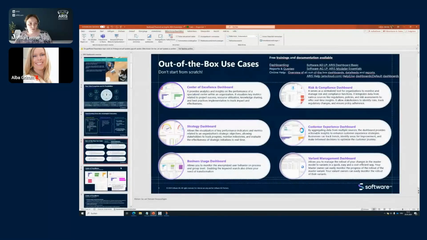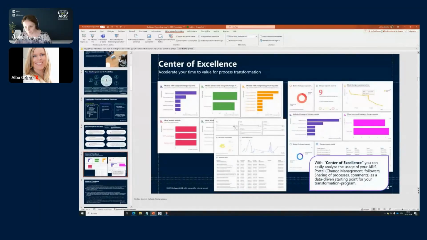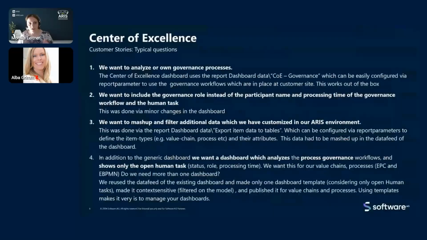And when I'm talking to customers, I get a lot of very common questions, which I want to share with you, and which are the typical answers. So the first one is, okay, is this only working for the out-of-the-box governance process, which we bring to you with ARIS Connect?